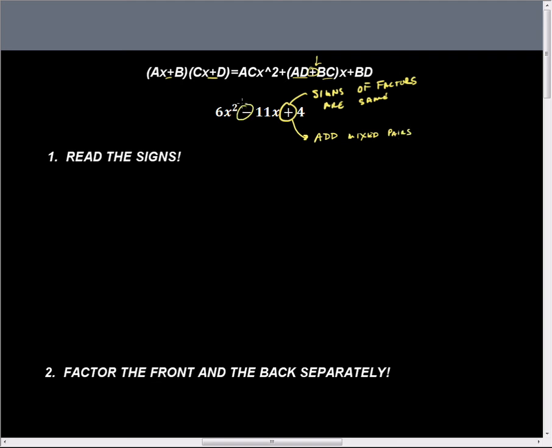Now, this middle sign here, this negative, is the sign of your larger pair. The reason it's the sign of the larger pair is that however you combine AD and BC, those two things that combine to make that linear term, in our case 11, the sign of the larger one is going to dominate the smaller one.